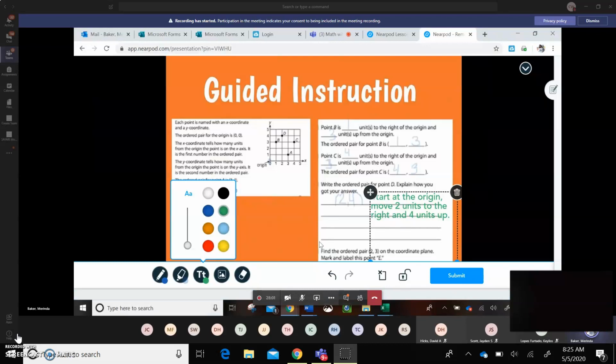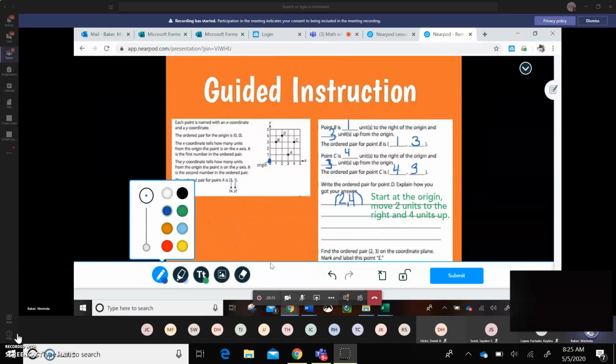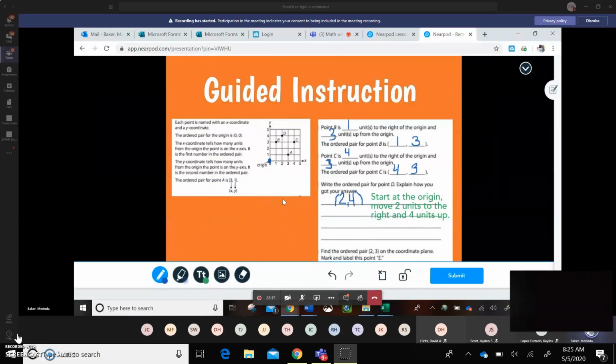So now it says find the ordered pair 2, 3 and mark it as E. So I know if I want to find 2, 3, so if 2 is going first, that must mean that we're moving 2 units on our x-axis.